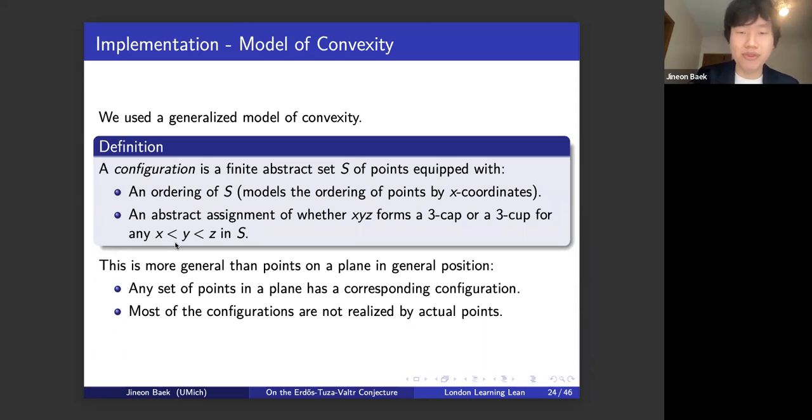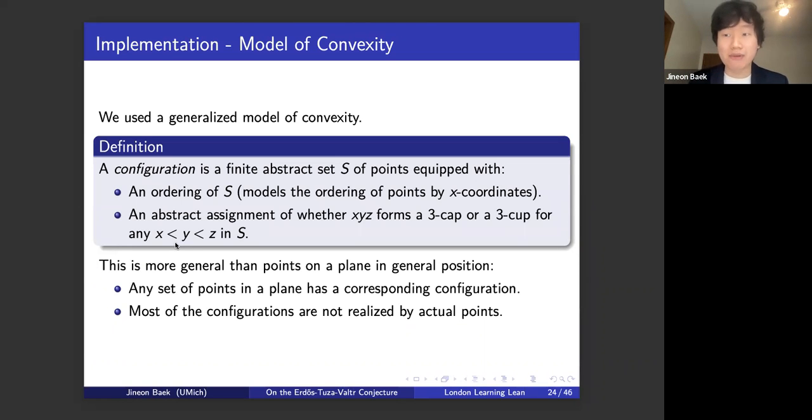With this, I'm able to model all these different types of convexity structure of points on the plane. If you do have actual points on a plane, then we do have a corresponding configuration. Basically, you order the points by increasing x coordinate and assign whether they form a 3-cap or 3-cup by how it actually is in the plane.